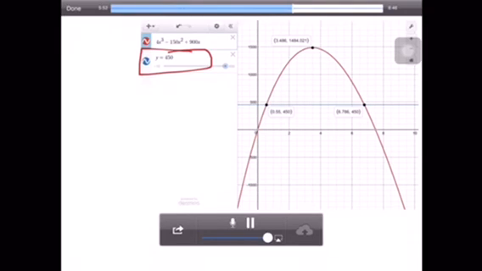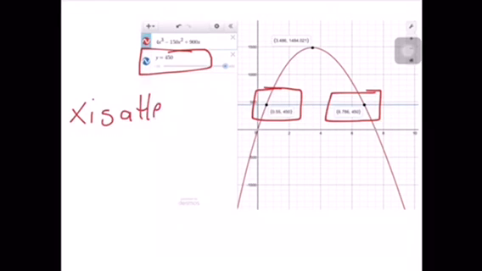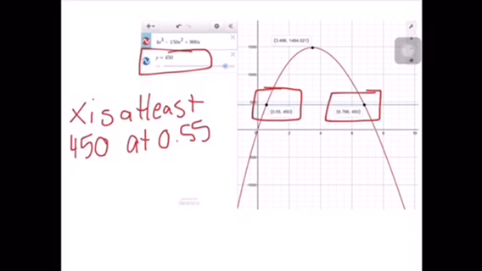After that, we can see the points where the volume is at least 450, at 0.55 and 6.786.